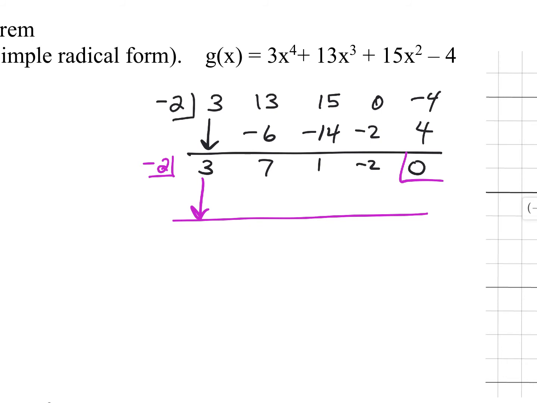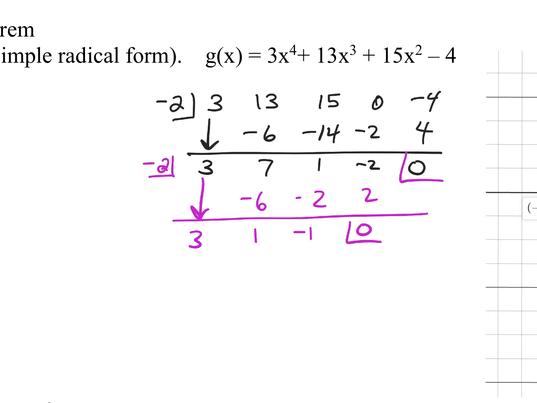I know that I have that double root from my graph. So again, the 3 comes down, and we multiply and add and multiply and add, and I multiply, and again, I find that I have 0 as a remainder.